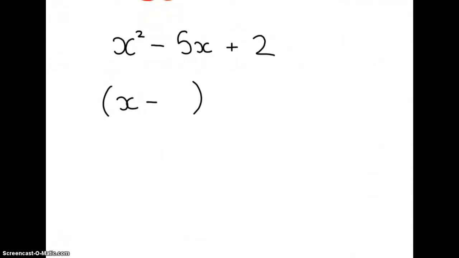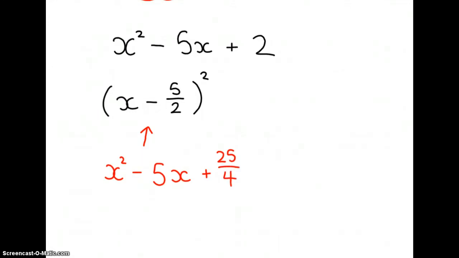Now rather than write it as 2.5, I'm going to keep it as a top-heavy fraction, so that's 5 over 2 squared. And then think, what happens when I multiply that out? I'd get the x squared, I'd get 5 over 2 doubled is just 5x's, and the last number, if I square it, is going to be 25 over 4.